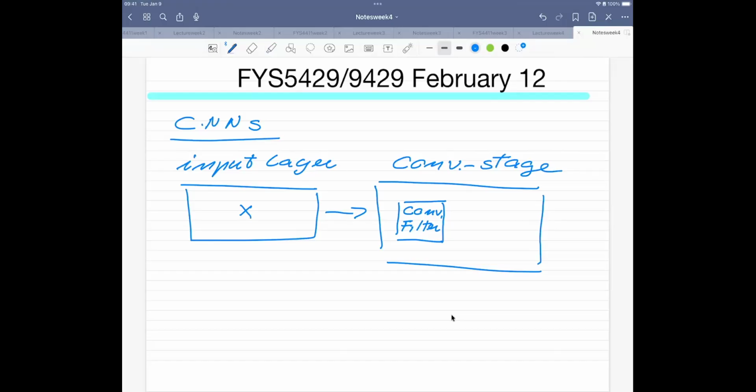And then when you've done that, so that's the filter itself, and we're going to look at what it means actually. Then there is something which is now called a detector stage, which sounds very strange, but you often have an activation function here. And the typical activation function is a ReLU. Then there is another stage where you reduce the dimensionality further, and that's called pooling.